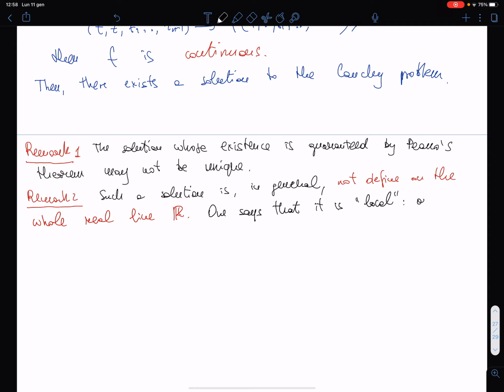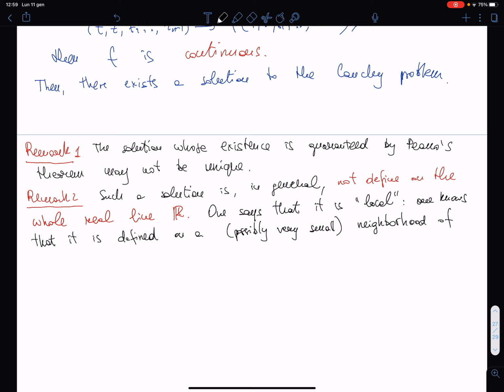We know that it is defined on a neighborhood, possibly very small, of t naught.